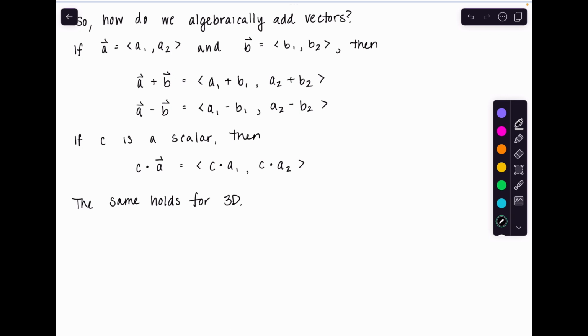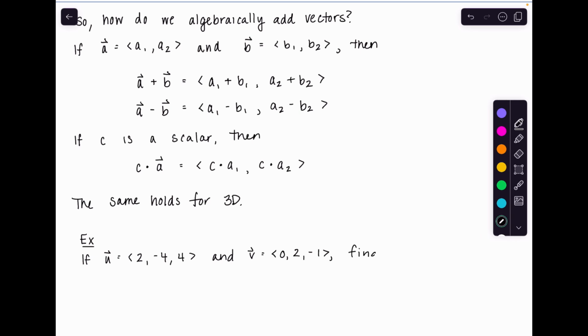So let's try an example, and we'll go ahead and tie it back to that magnitude. Suppose U has the components 2, -4, 4, and vector V has the components 0, 2, -1.